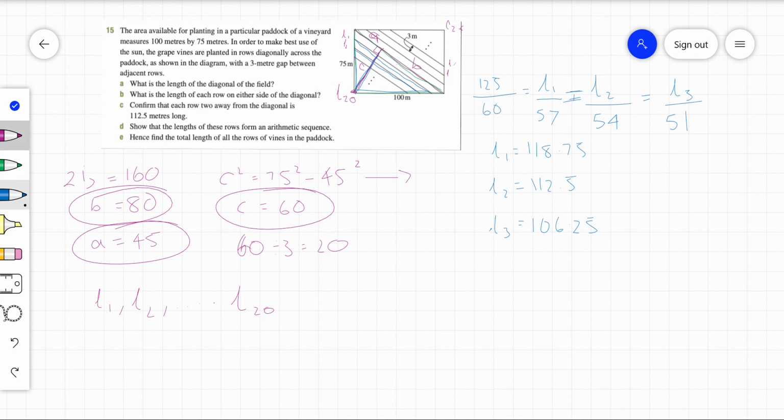And if you have a look at what's happening, each time we're going down by 6.25. So it's definitely looking like it's a nice arithmetic series.